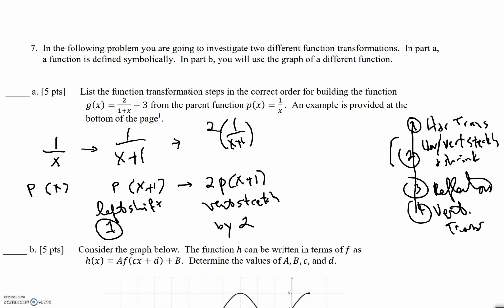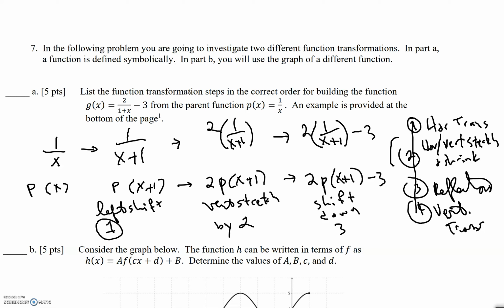Okay. And then finally, we don't have a reflection, but we do have a vertical translation, which will be down 3. And so then we're going to say 2P of x plus 1 minus 3. That is a shift down 3 units. And so that would take us finally to 2 times 1 over x plus 1 minus 3.